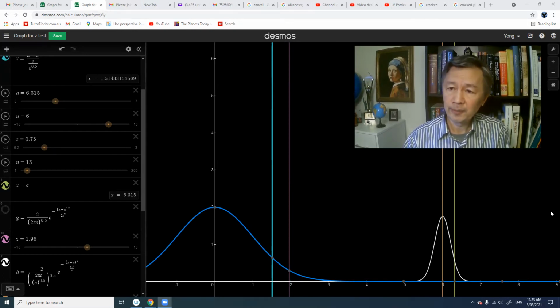The thick blue vertical line represents my z-score, or z-statistic, which can be worked out by this empirical estimator.